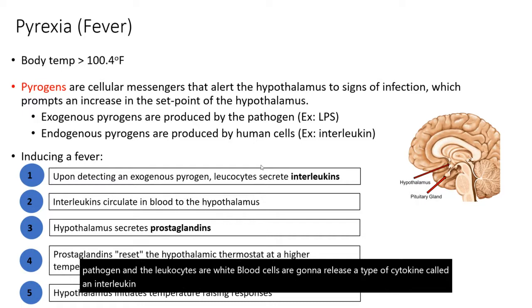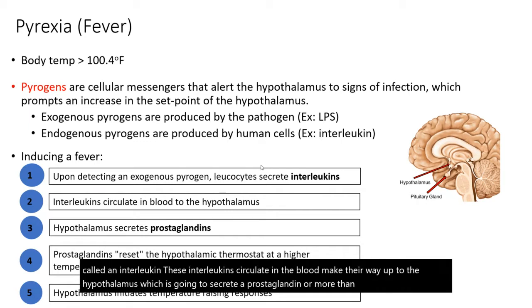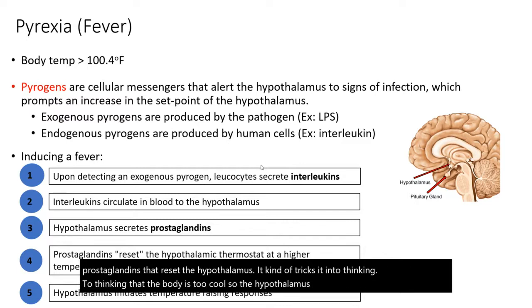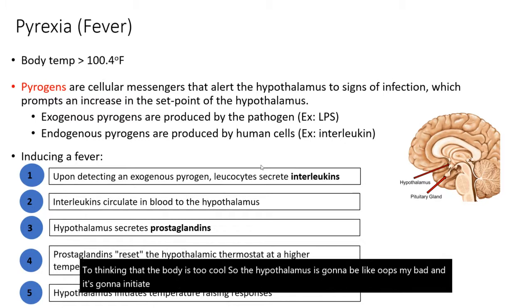These interleukins circulate in the blood, make their way up to the hypothalamus, which is going to secrete a prostaglandin, or more than one. And it's these prostaglandins that actually reset the hypothalamus. It kind of tricks it into thinking that the body is too cool. So the hypothalamus is going to be like, oops, my bad. And it's going to initiate responses in the body that will ultimately raise the body temperature.